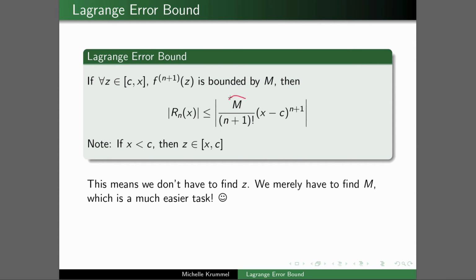I need to find the value of M, not of z, but of M, where M is going to be the largest possible value of that derivative. In this current example, the n plus first derivative at z is the sine of z. So M would be the maximum possible value for the sine of z on our interval from c to x.